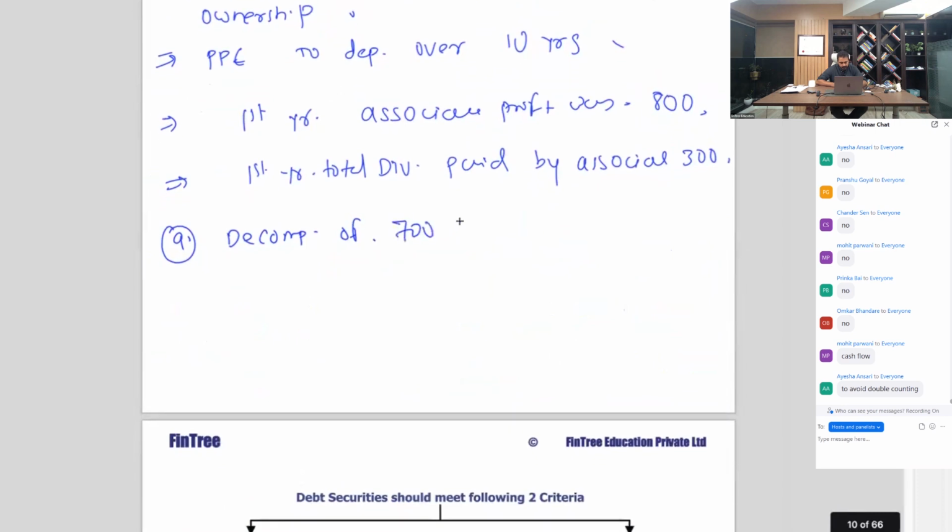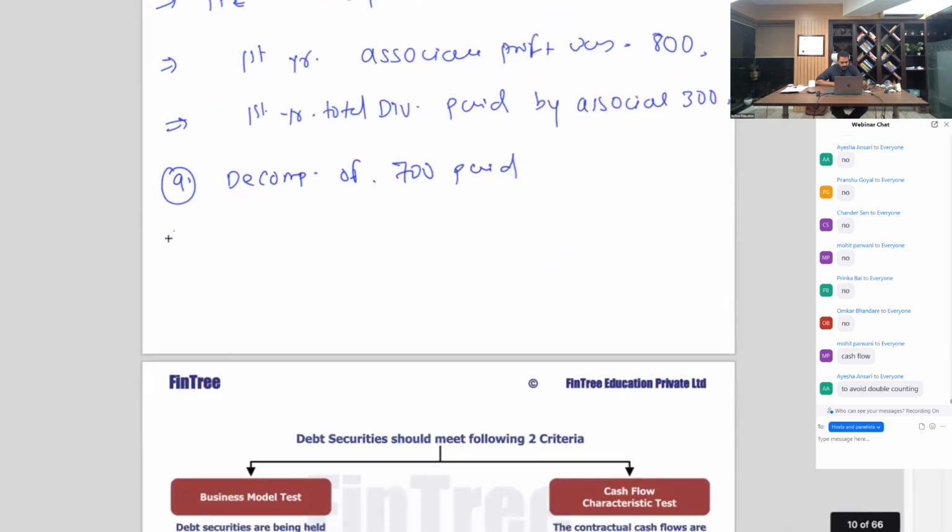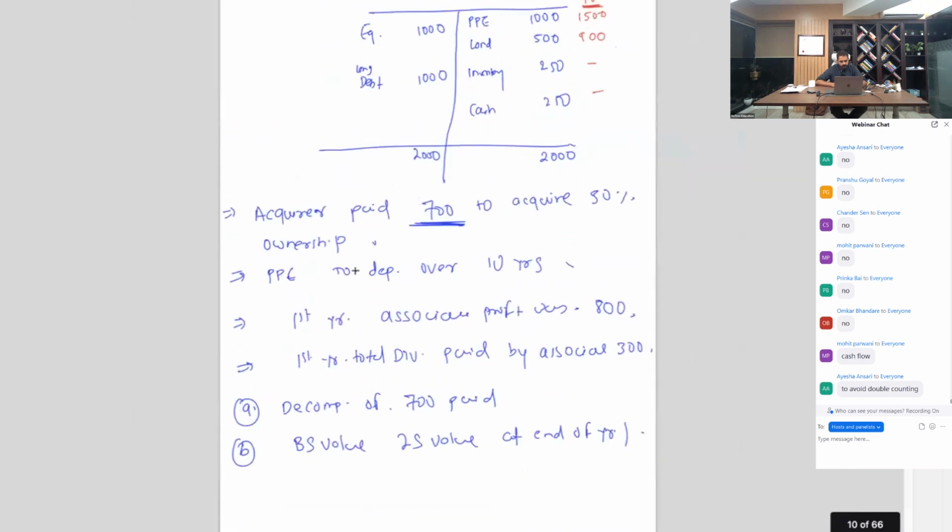How much of that is assigned for what category of assets? Then second, you're going to figure out what should be the balance sheet value and income statement value of this investment in associate at the end of year 1. You understood the question?